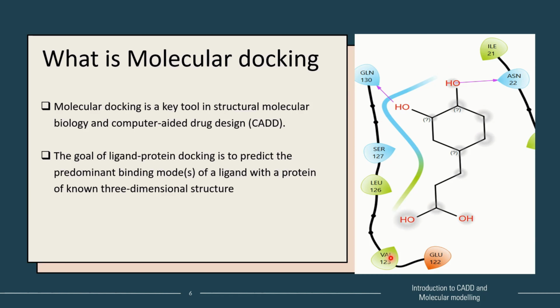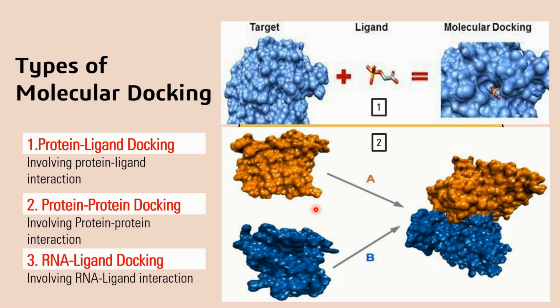The active site amino acids interact with the ligand, as you can see from its positioning within the active site of this protein. So the predominant binding pose or mode, the nature of interaction and the strength of interaction give you an idea of what this is all about.